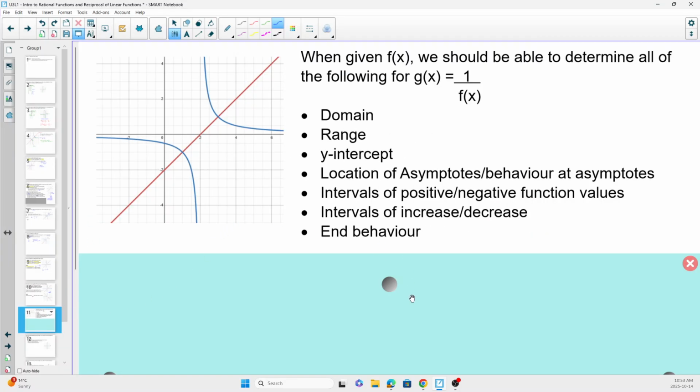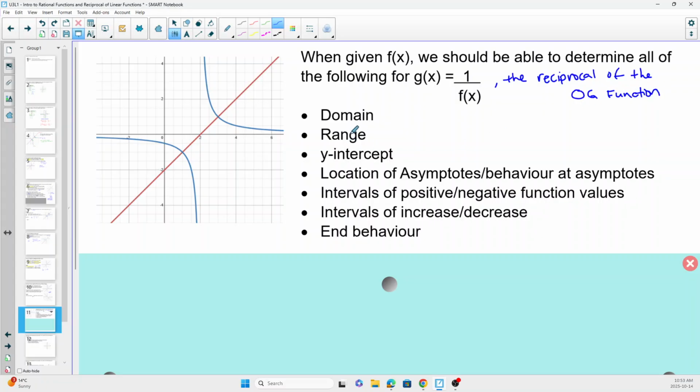So let's quickly summarize everything we talked about here, and then I'm going to pause this video and we're going to actually do some examples because this is a significant amount of information. So when we are given some function f at x, we should be able to determine all of the following for g at x, which is 1 over f at x. In other words, we should be able to determine all of the following for the reciprocal of the original function.